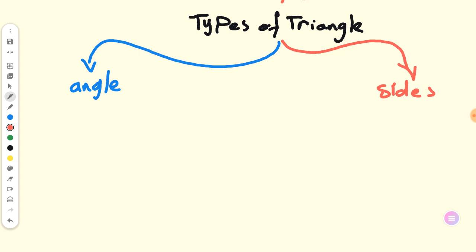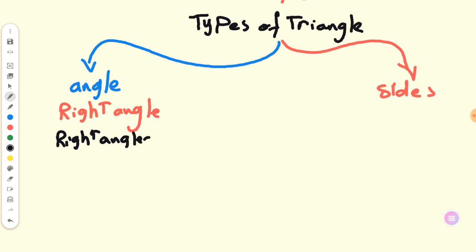If the triangle has a right angle, it's called a right angled triangle.